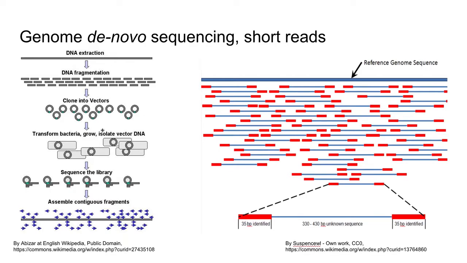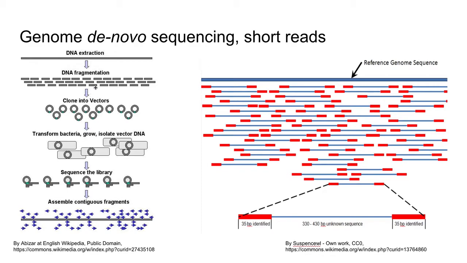And then there's a step where we would amplify these small pieces. This amplification can be done in several ways. A very common way is an in vitro amplification, which basically puts together these two steps here. But that's a technicality which is not important.